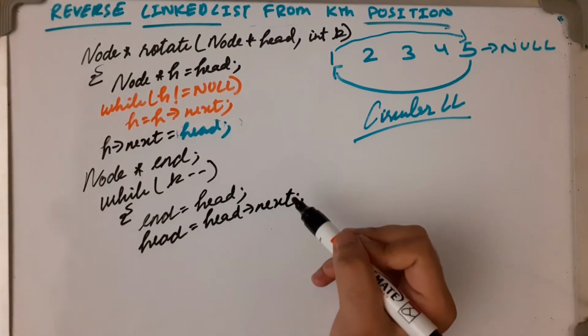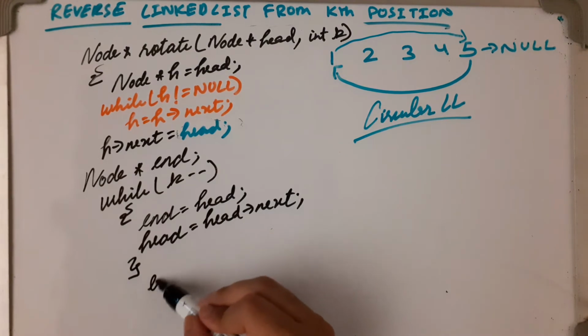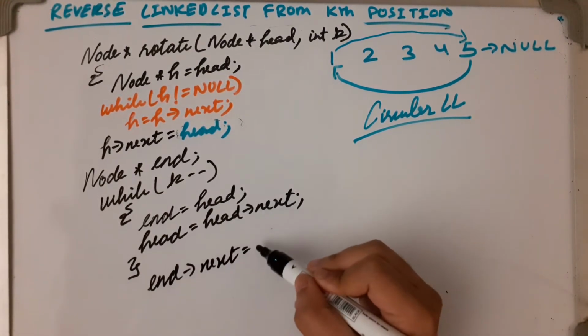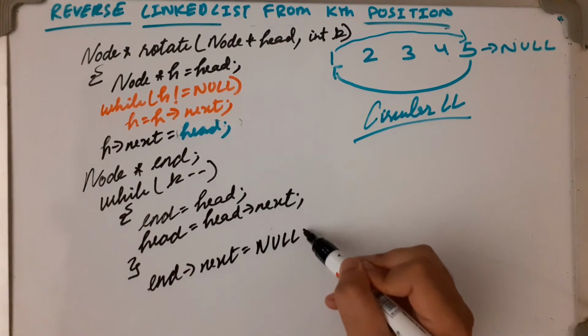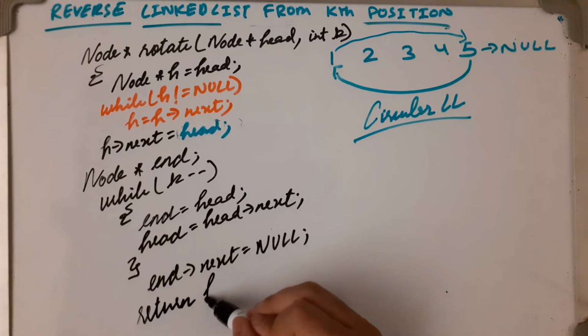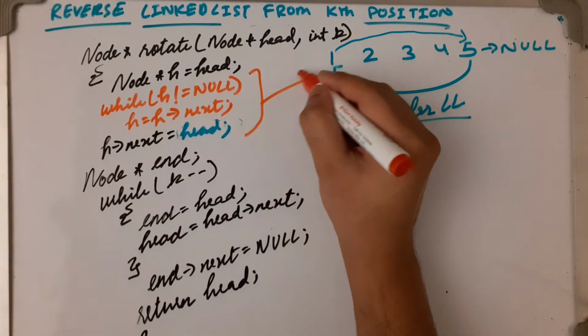Okay guys, head equals to head of next. Now what we have done here is n of next equals to null, and return head.